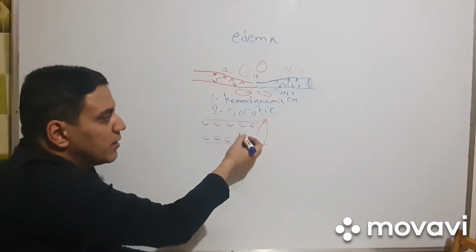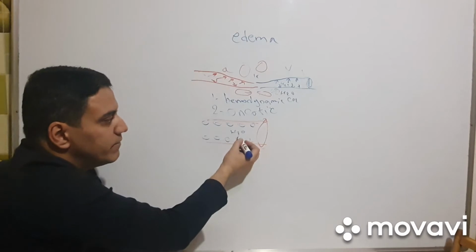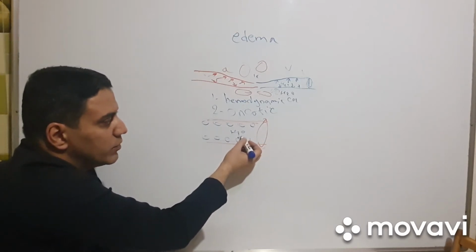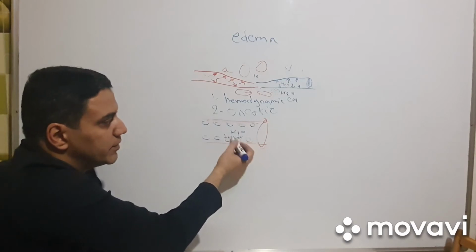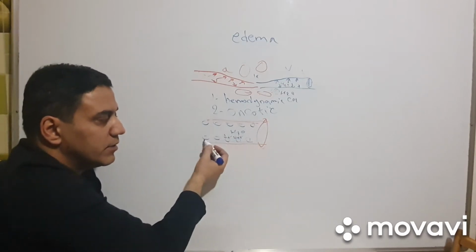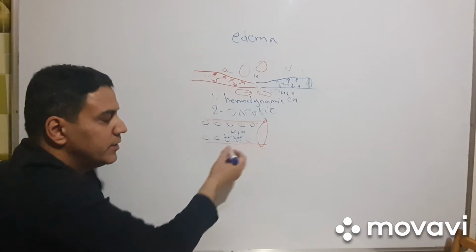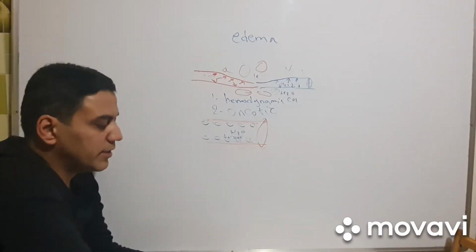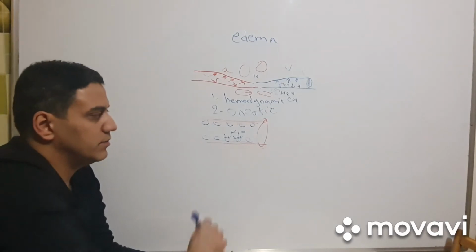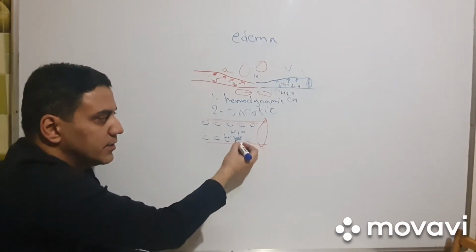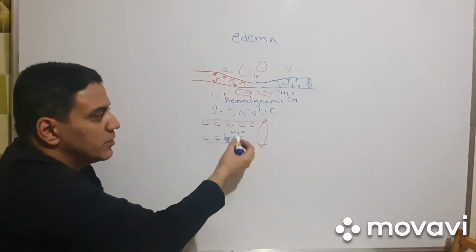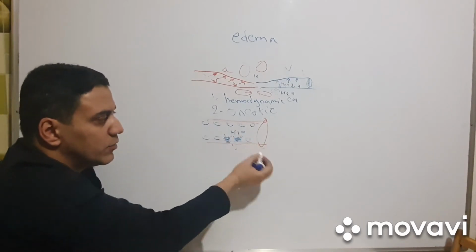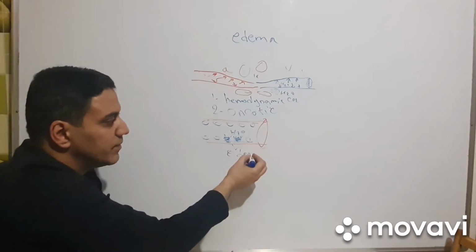They don't allow water to leave the vessel because they attract water to themselves like this. So they play a role as a barrier. These proteins in some cases could be lost, it means they could be less. So oncotic pressure will be less, so water can leave the vessel and cause edema also.